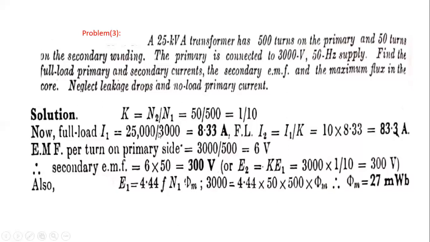Next, we are calculating N1. Therefore, N1 is equal to E1 by 8. Similarly, we calculate N2. What is the formula for N2? That will be obtained from the E2 equation.